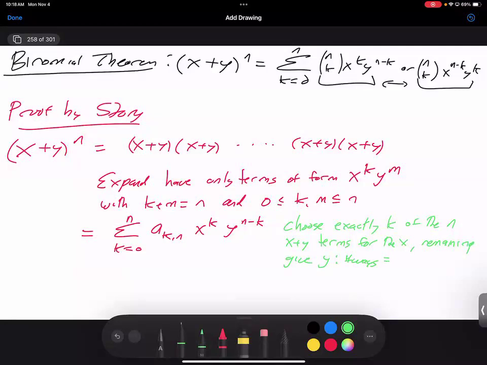I'm sorry? No. We want to have exactly k of the n terms giving us an x. So we have n factors, and exactly k of them have to give an x. How many ways can we do that?